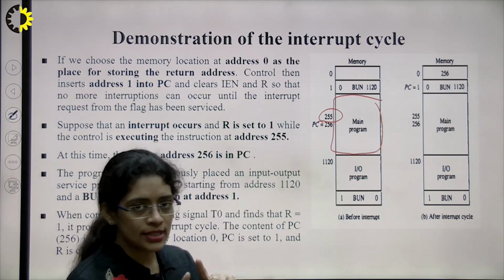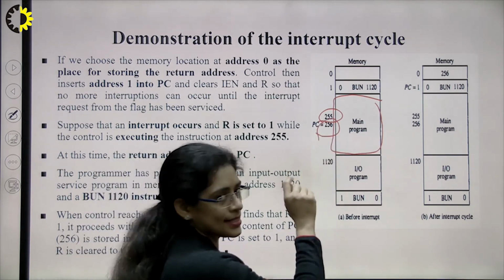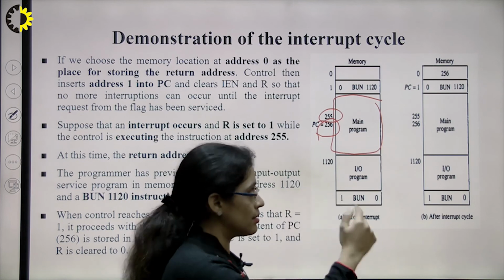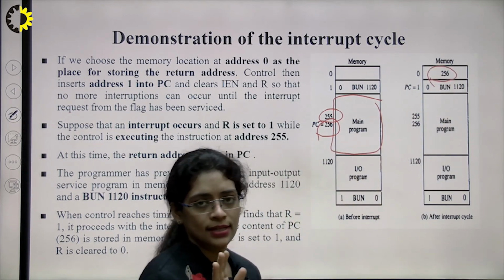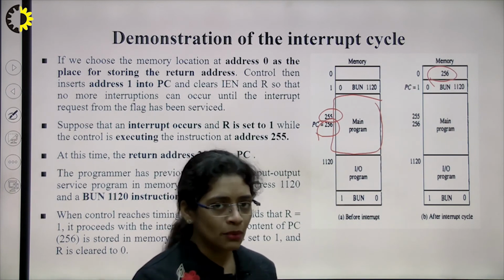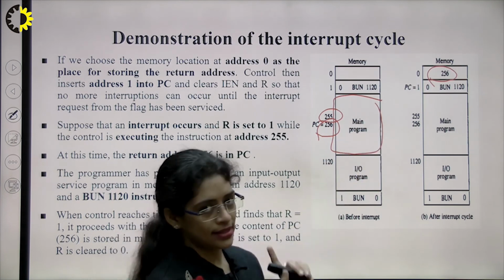So instruction 256 will not get executed. We will store this 256 at memory address 0. So just see here, at memory address 0 we are storing 256. That means whenever the interrupt is handled, the processor will resume from this address.